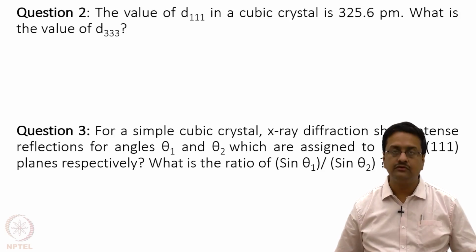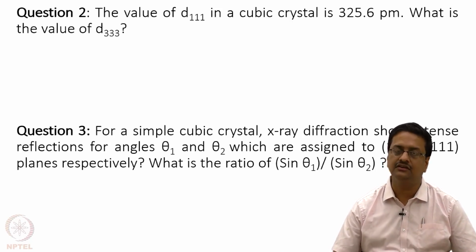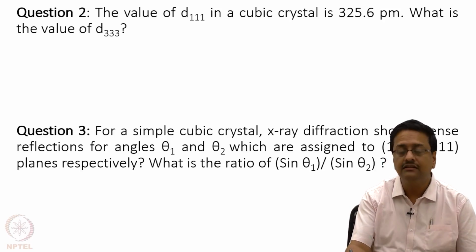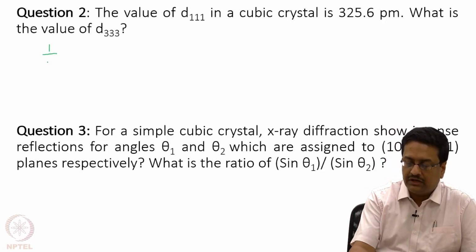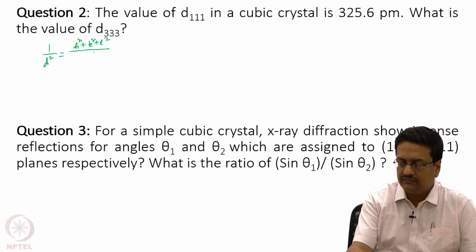The question number 2 is based on the formula that one can derive from simple Bragg's law for a cubic cell, that 1 by d square is equal to h square plus k square plus l square by a square.